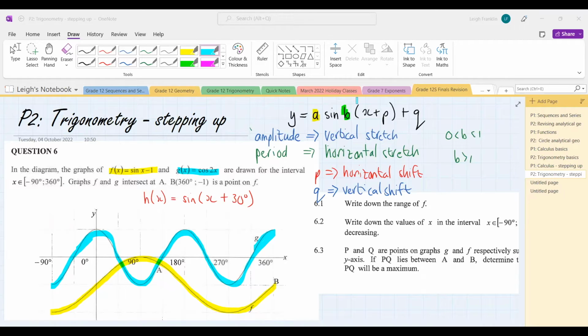Okay, in g of x, I've got cos 2x. So what's changed there? Cos 2x, what have they changed? What does cos 2x mean?